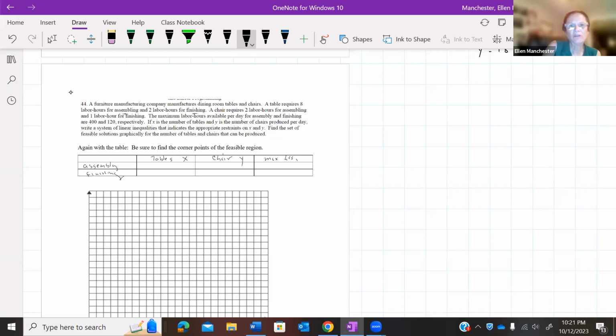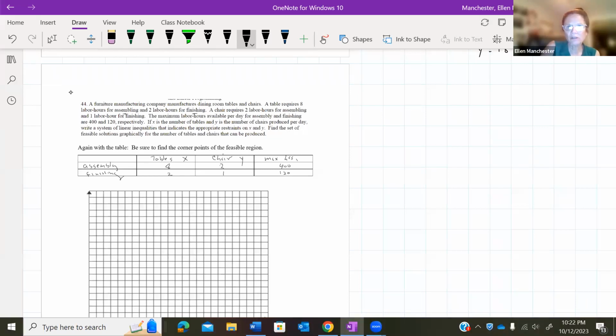Okay, so the table requires 8 hours to assemble, 2 hours to finish. The chair requires 2 hours to assemble and 1 hour to finish. And then maximum labor hours to assemble is 400, and to finish is 120.